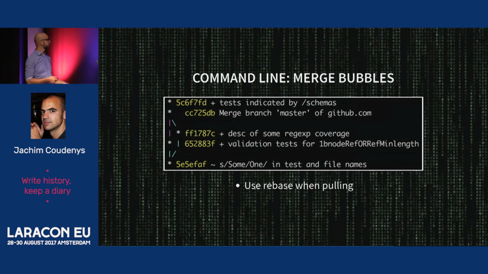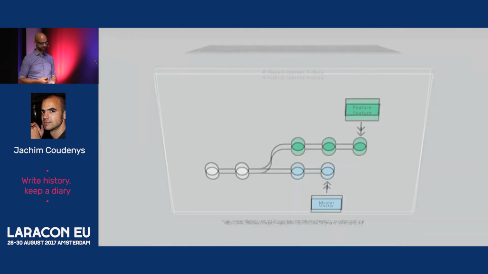This is a merge bubble. So you have your own code, and then you create a merge commit which includes the code of the remote party. If you use rebase, it's just nicer that you have a straight line.